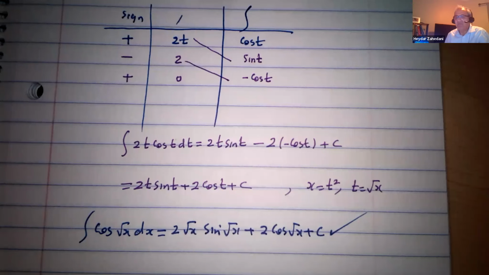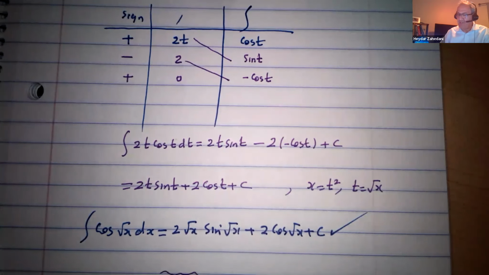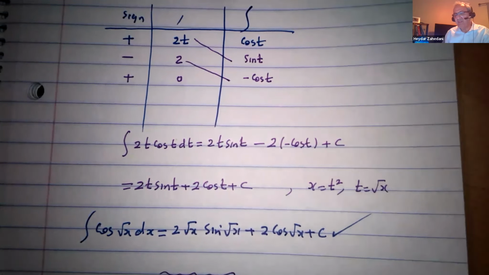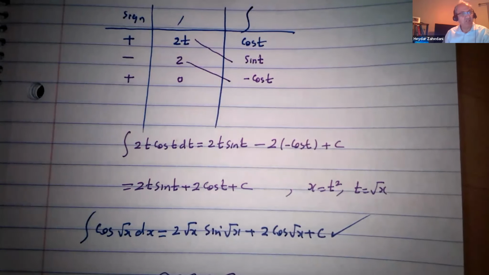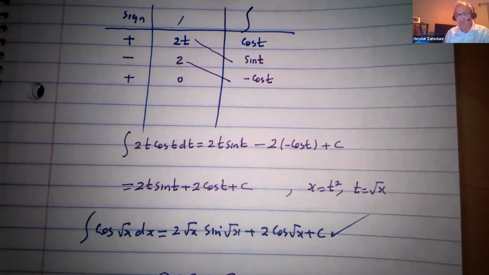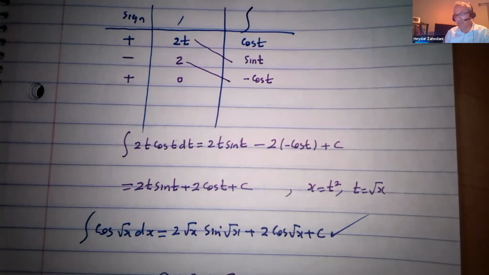So it can come with the cosine of the radical x, sine of the radical x. Now this can also come with other trigonometric functions that we have. It can come with the tangent, secant, sine inverse.